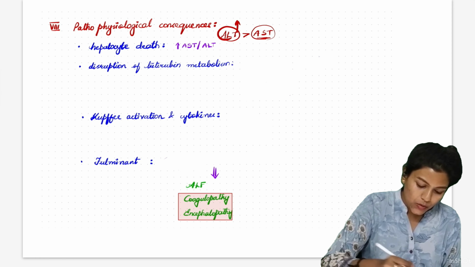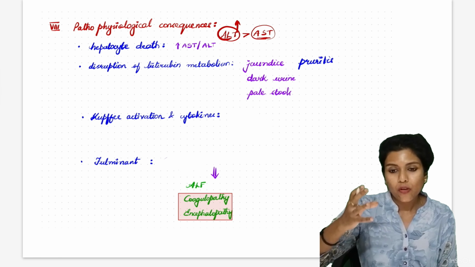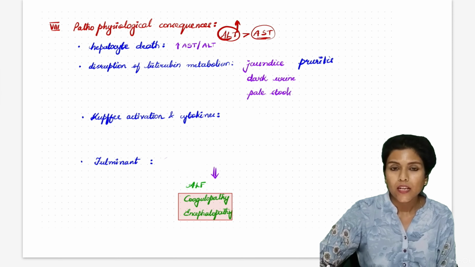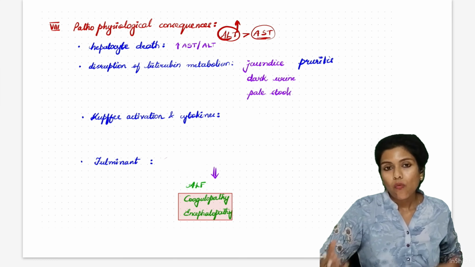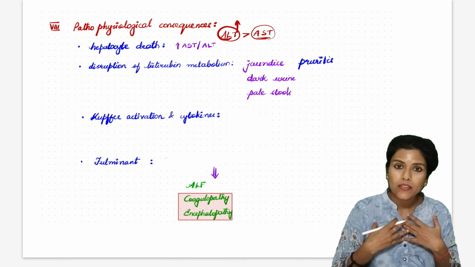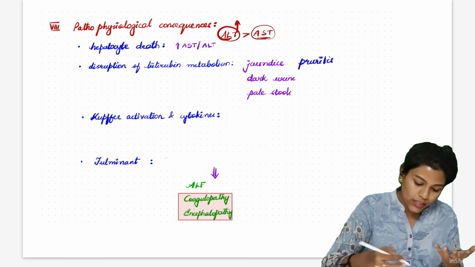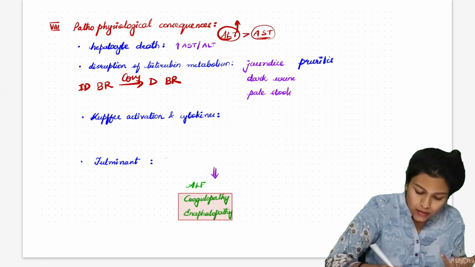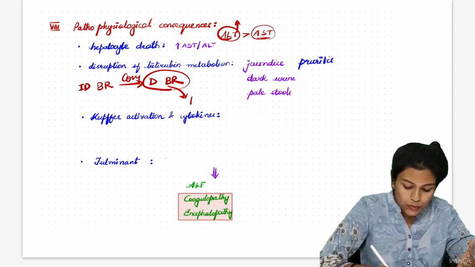And there will be disruption of bilirubin metabolism. A few of the hepatocytes retain their function, while others undergo necrosis. So there will be a rise in both conjugated and unconjugated bilirubin. The surviving hepatocytes receive indirect bilirubin, conjugate it and form direct bilirubin. There will be a rise in direct bilirubin because they are unable to excrete it into the bile.